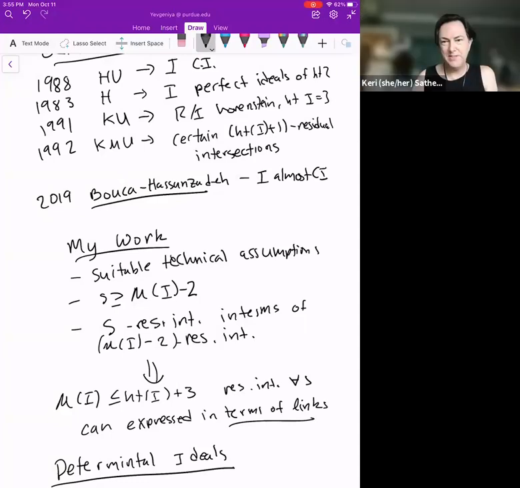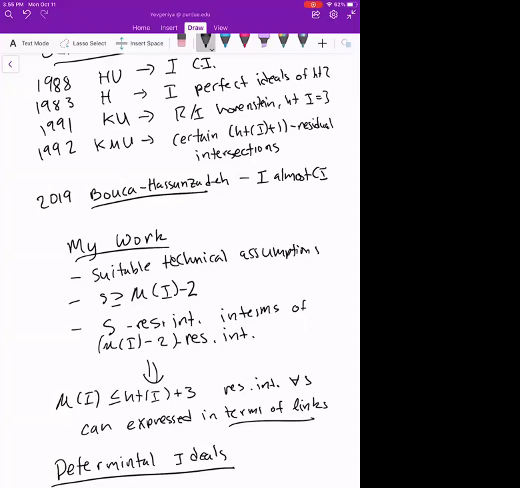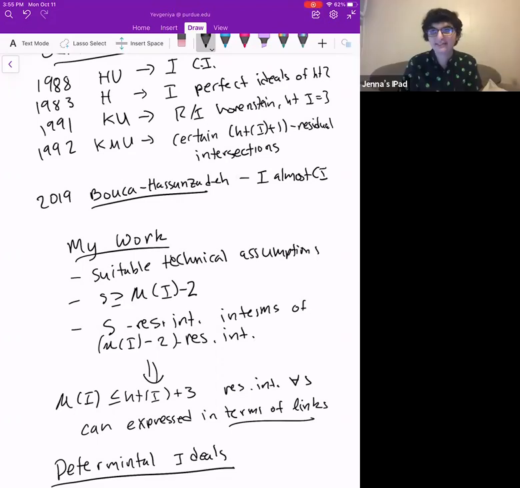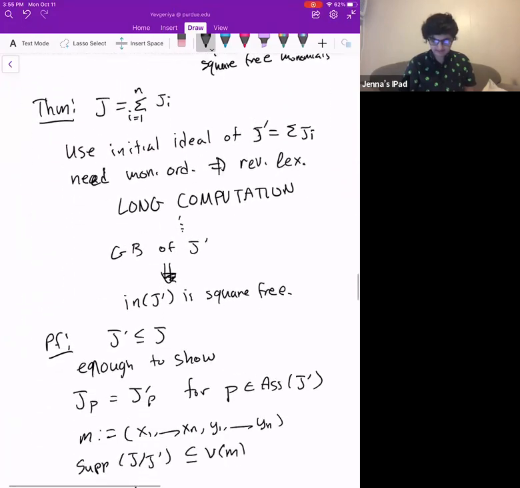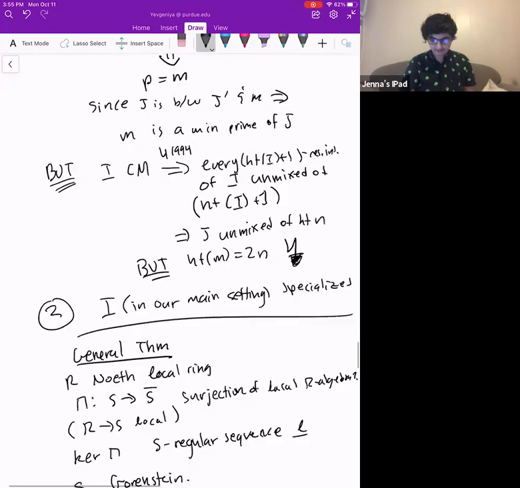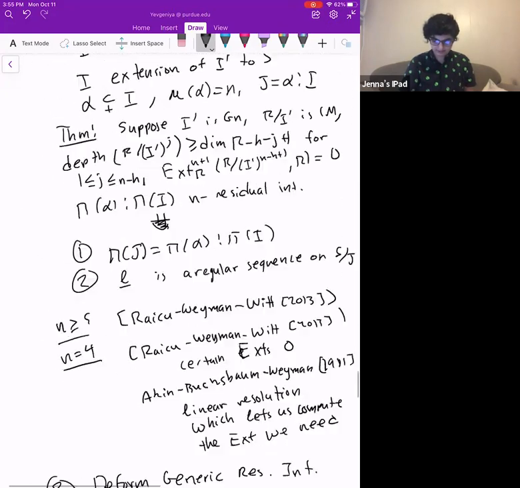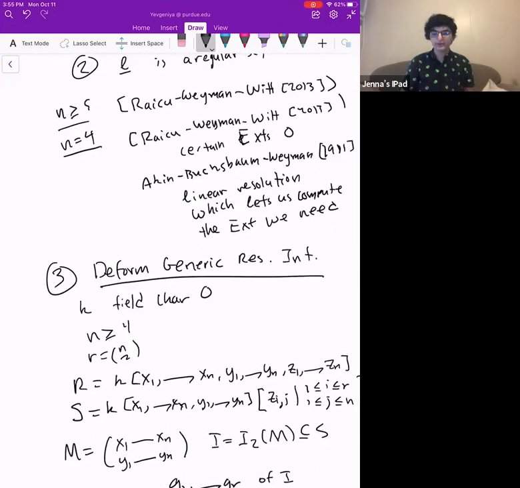Any other questions? I have a quick question. Justin. So this is a very nice calculation. And I was just wondering, do you think this also extends to just maximal minors? So like 3 by n? That's actually another thing I'd like to research. But for that, I need, oh God, I'm blanking on the term, but let me scroll down to what Raicu, Weyman, and Witt had.